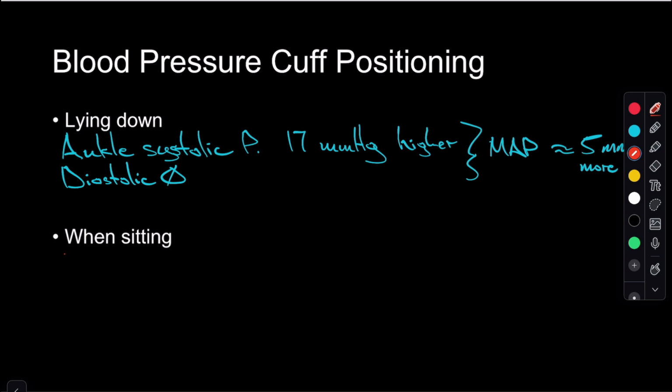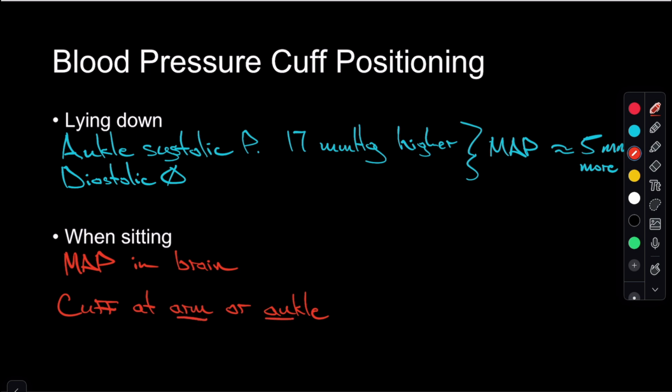So if you're concerned about the mean arterial pressure in the brain, but you have the cuff around either the arm or ankle, then you have to consider how the reading on the screen, the reading at the arm or the ankle, compares to the pressure that the brain is receiving.